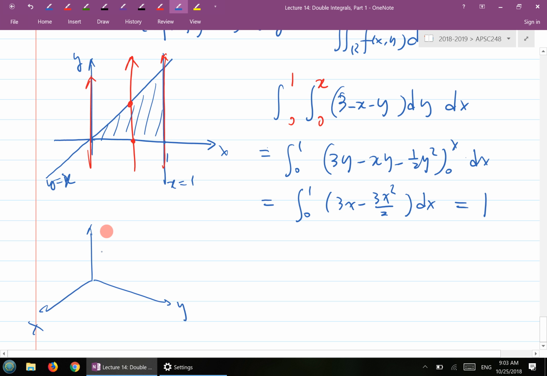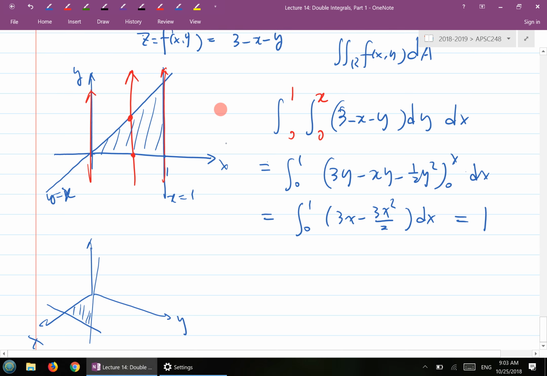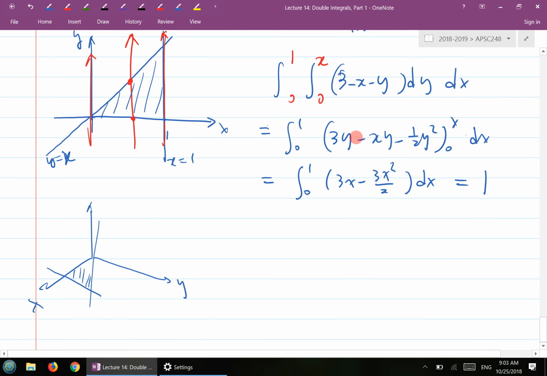If I put everything in a 3D space, this is your region R at the bottom, and then that function z equals 3 minus x minus y is basically on the top, which is a plane. So the function f of x, y is actually on top of this region R. We just didn't draw the surface on the top.